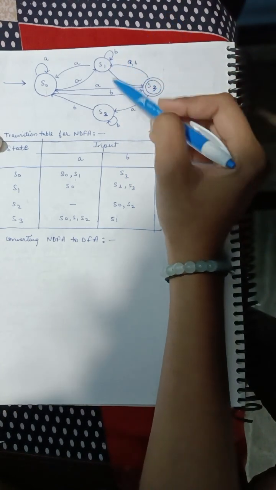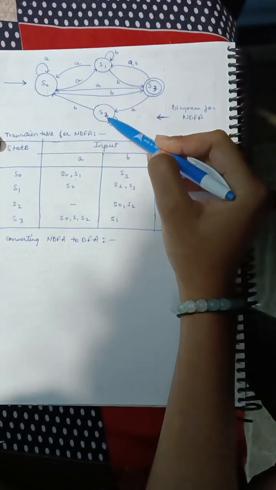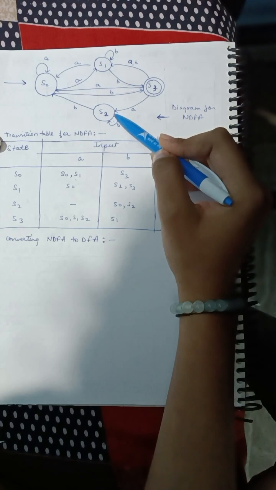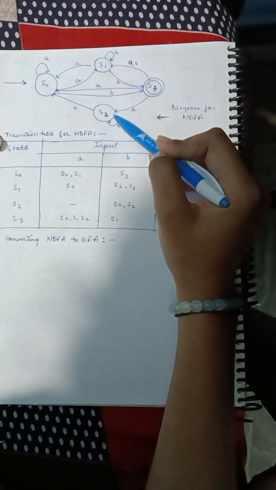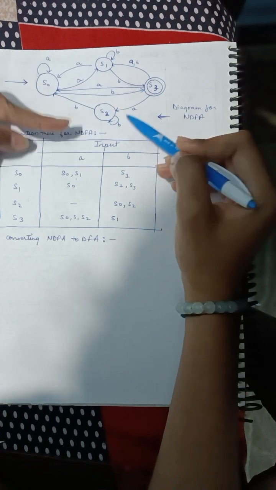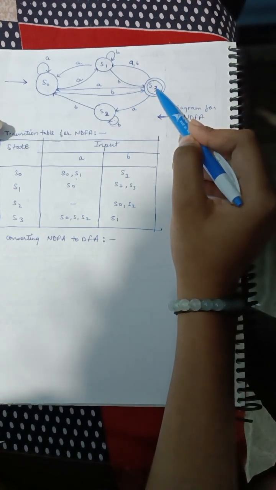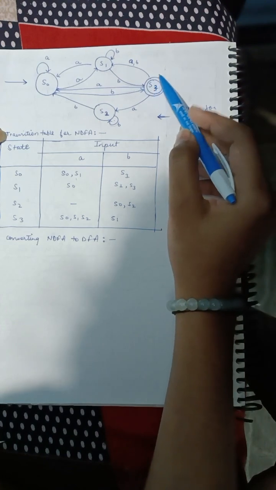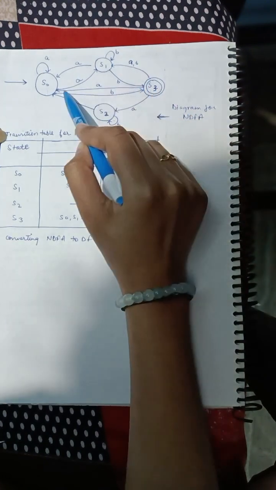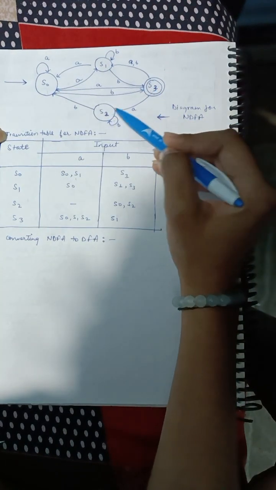Look, so at S2, now S2 is this, and S3, this is the final state. At S2, at A there is no value, okay, and for B this is S0 and S2, S2 itself for B. Now for S3, at A the value is S1, and also S0, means S0 S1, and at A it is also S2.